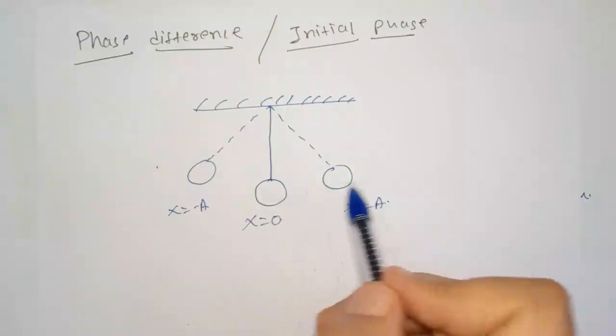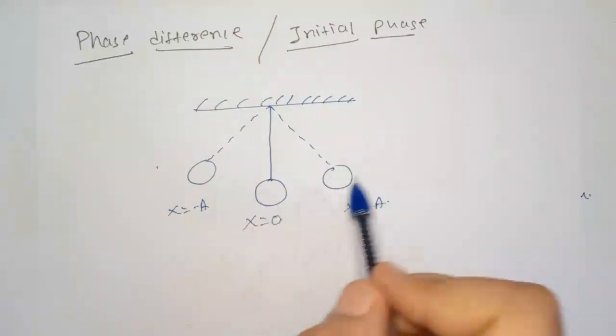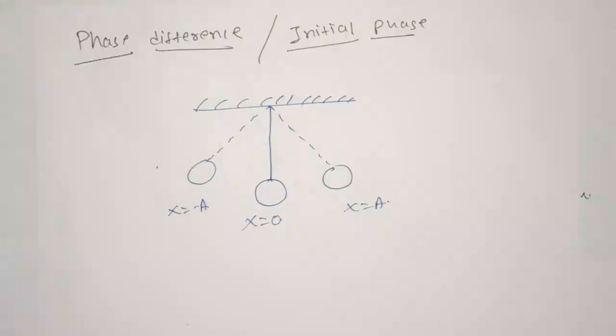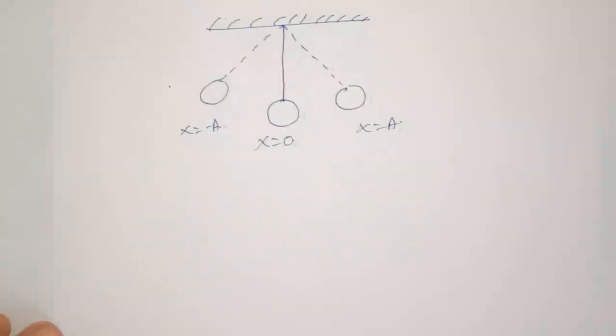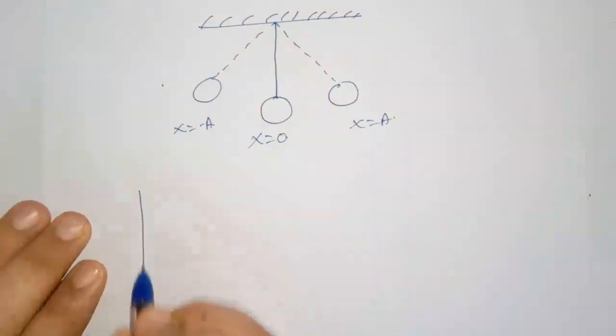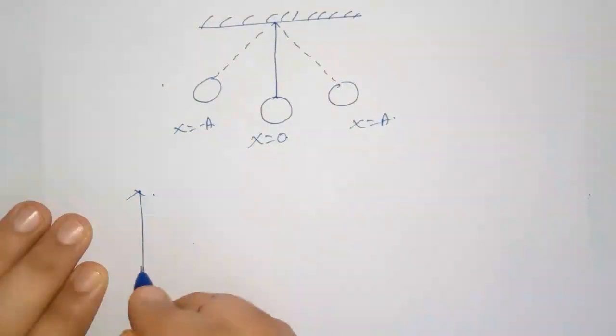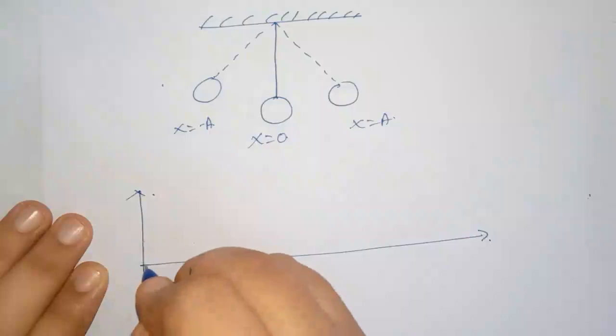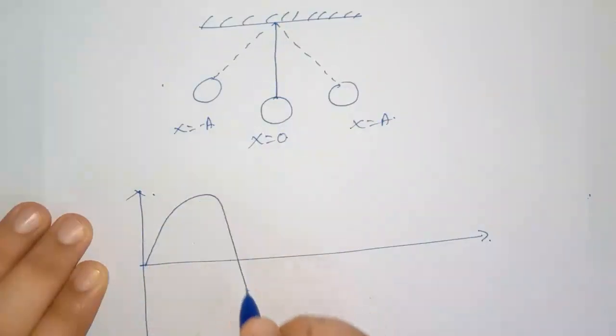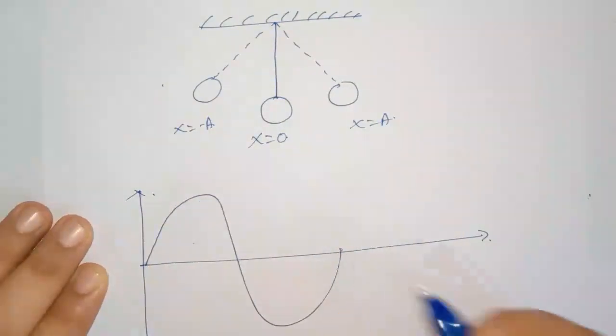It can start from any point on this path. So in that case, what will be the graph? Let us see. First, if we draw the graph for which it is starting from mean position, then the graph will be like this.